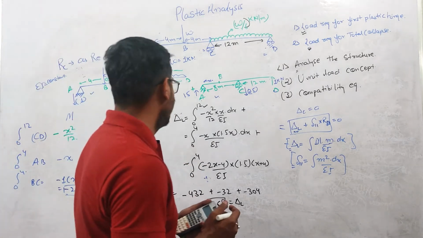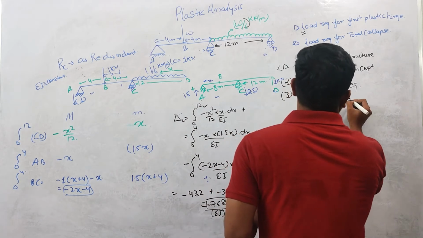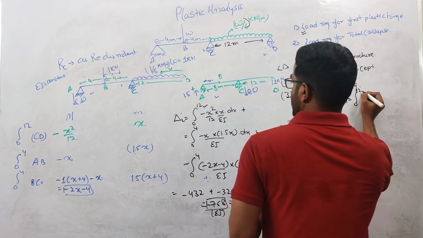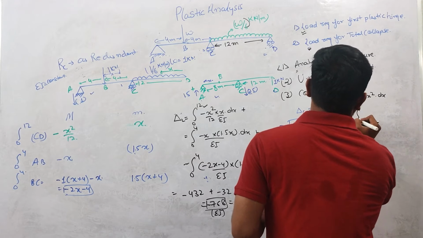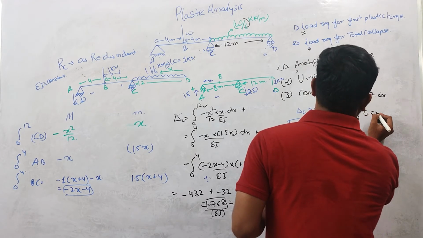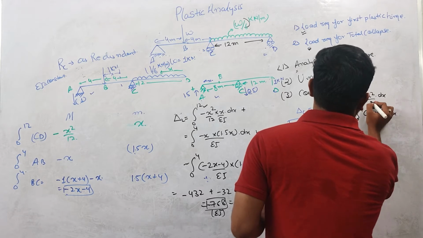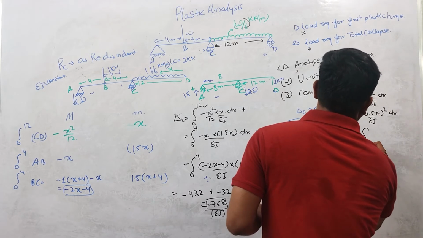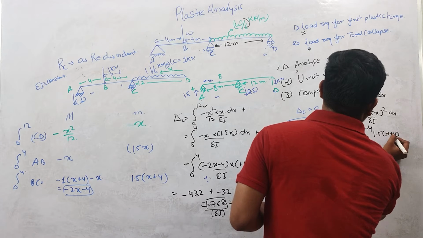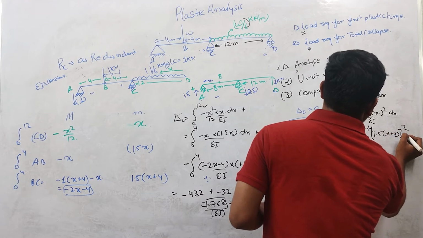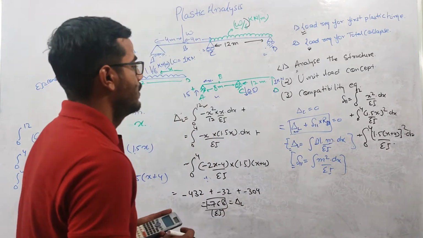Now we will be calculating what will be the value of this del 11. So it will be 0 to 12 x square into dx plus 0 to 4 of 1.5 x square dx over EI, right, and plus 0 to 4 of 1.5 x plus 4 whole square dx over EI, right.